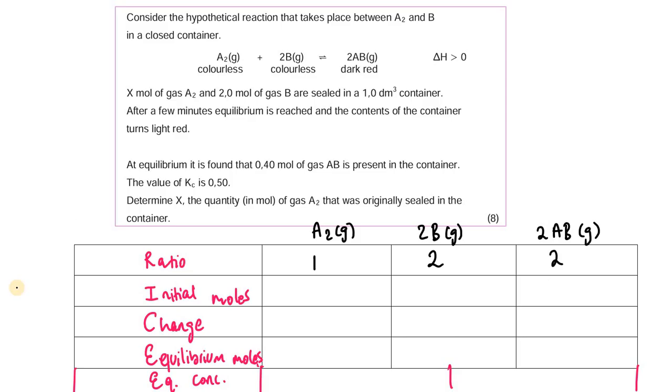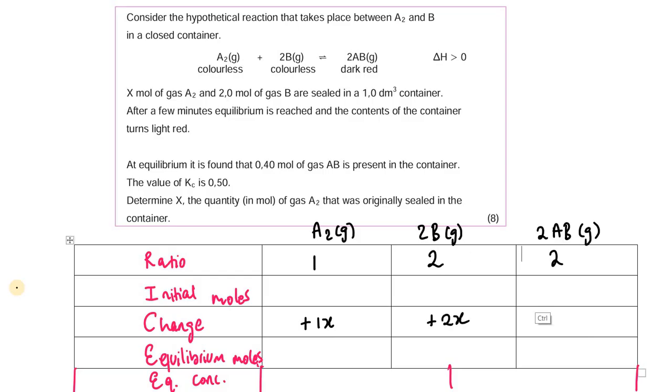Before you even go further, remember on change that this 1, you're going to write it as plus 1x. Why do we write it as plus 1x? Because remember, the ratios give you the change, but we are putting plus because it's a reactant. Same with this one, it's a reactant, so we put plus, and then we put 2x.